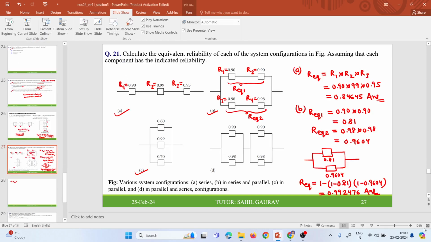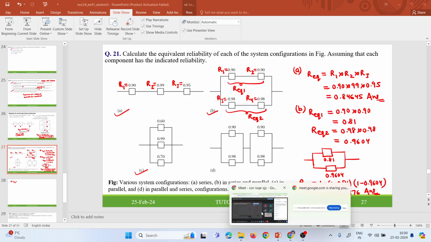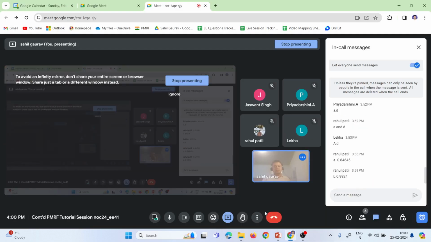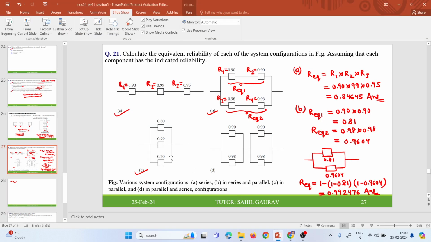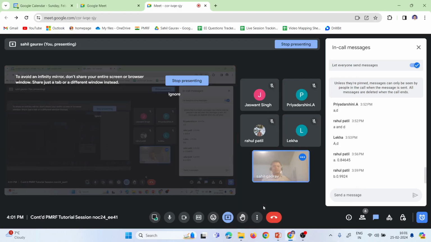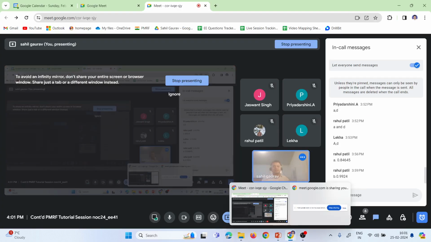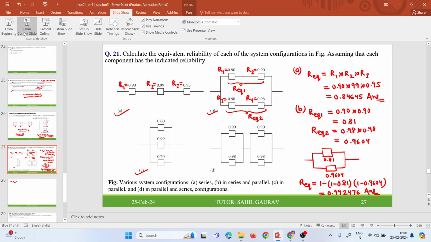I think you are not getting it if you are not able to answer. Rahul, you are giving the correct answer, but I'm asking about the C part. What is the expression for R equivalent? Priyadarshini, Jaswant, Lekha. I don't know whether you are here or not.